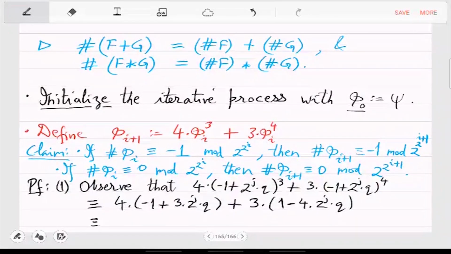So this is minus 4 plus 3, so it's minus 1, and you can see that 4 3s are 12, right? So 12 minus 12, it will cancel, and you will get in the higher modulus 2 raised to j plus 1. No, much more than that, 2 raised to 2j.